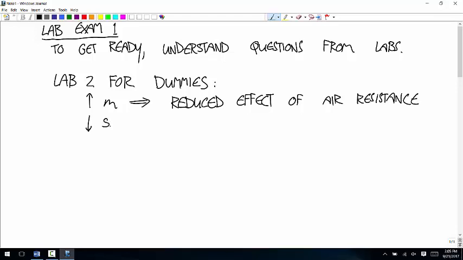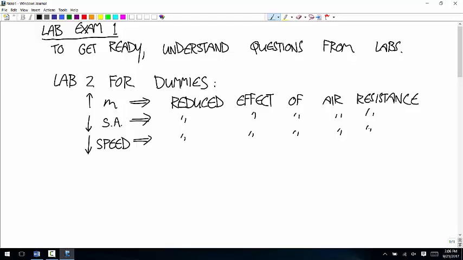Decreasing the surface area reduces the effect of air resistance on the motion. And then the last one is speed. Decreasing the speed reduces the effect of air resistance on the motion.